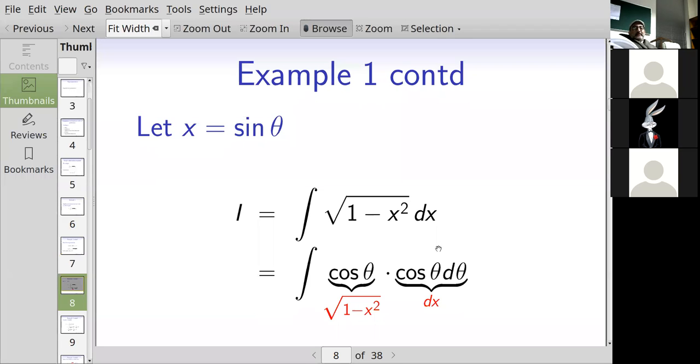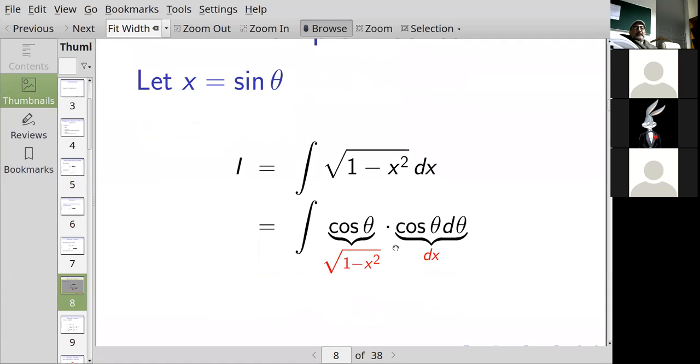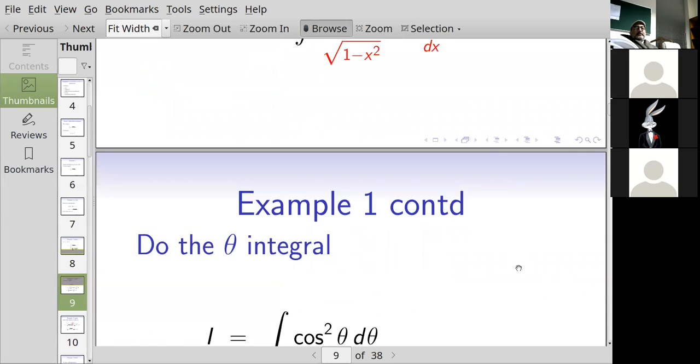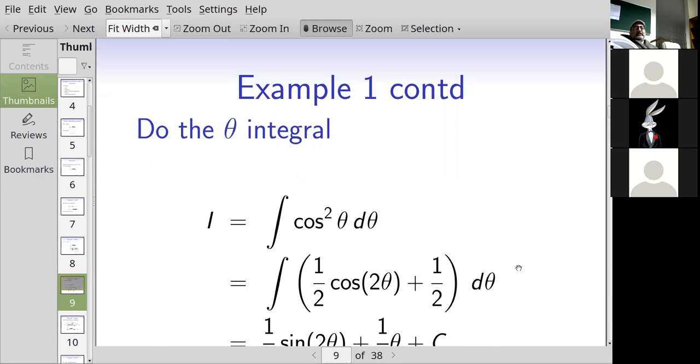So the root of 1 minus x squared is replaced by cos theta, and dx is replaced by cos theta d theta when you make the substitution that x is equal to sine theta. Now, this is the integral of cos squared theta d theta.